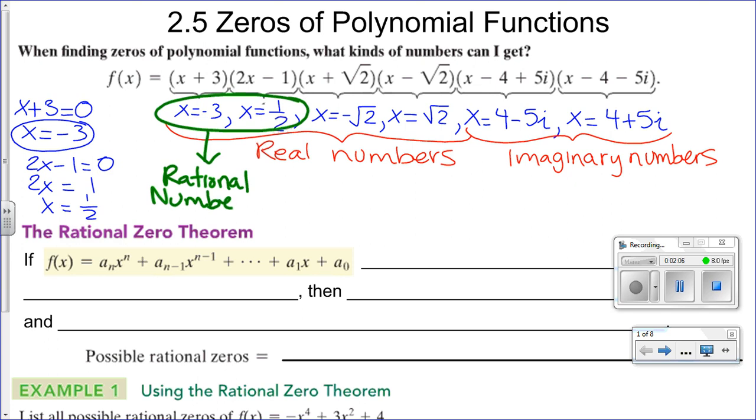And these are numbers that could be written as a fraction, or they're actually defined as a ratio of 2 integers. If we look at the square root of 2 and the negative square root of 2, those are irrational numbers.